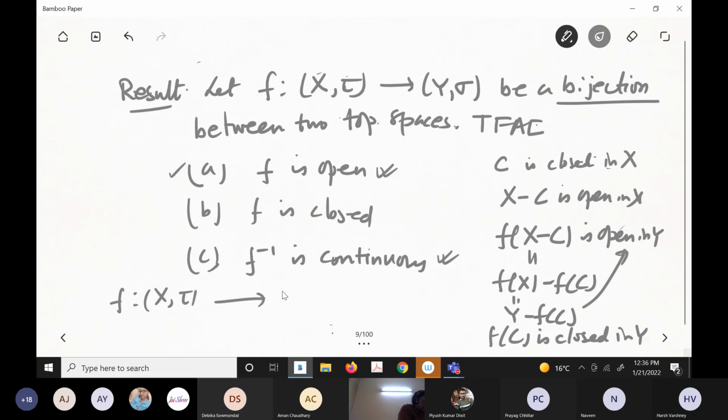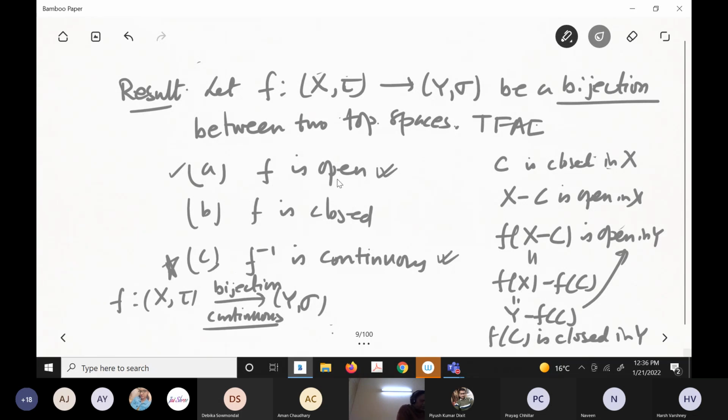So that's why in the homeomorphism, the bijection first of all, and also continuous first. Make sure that continuity is the minimum thing you require. But this basically tells you to move from X to Y, but I also need to come back. If I want to identify, that means f inverse should be continuous.